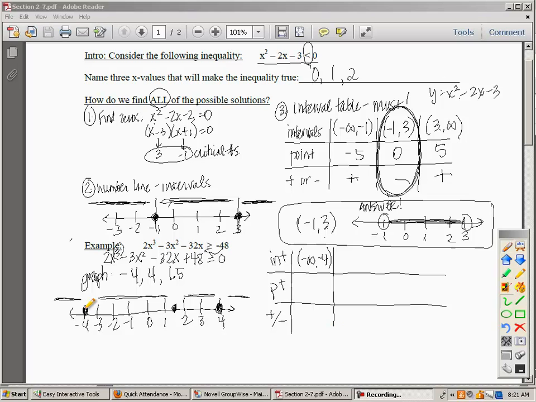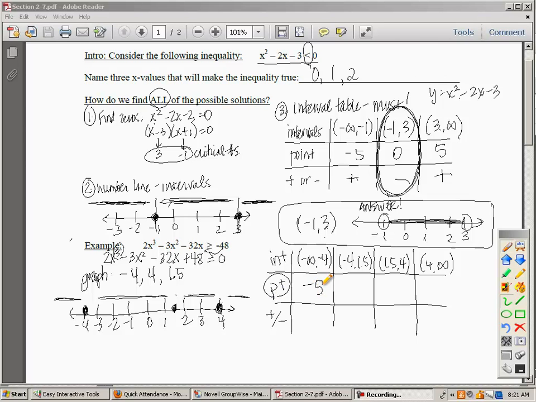And then I have between -4 and 1.5. I get then from 1.5 to 4. And my last one goes from 4 to infinity. Okay? Again, your test point doesn't have to be the same thing as your neighbor's. It's fine. But I'm going to pick as many easy ones as I can.